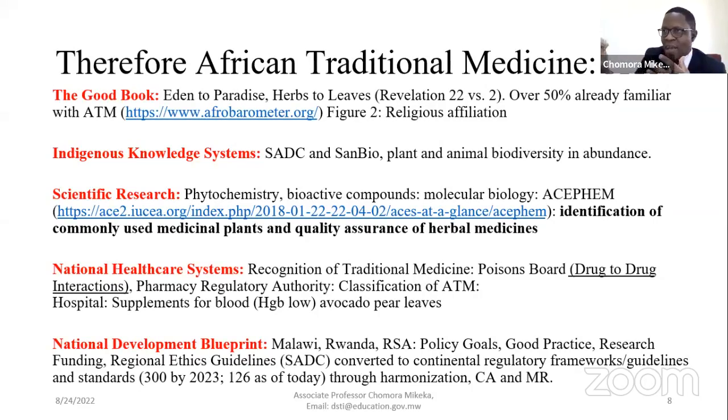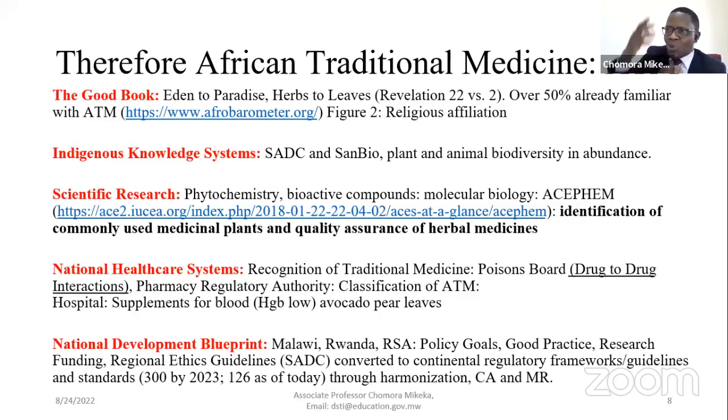If you're taking medical pills as administered from the sector itself, but also adding medicinal plants or related aspects, what do the drug-to-drug interaction studies say? And therefore, quality assurance of herbal medicine is critical in that regard.